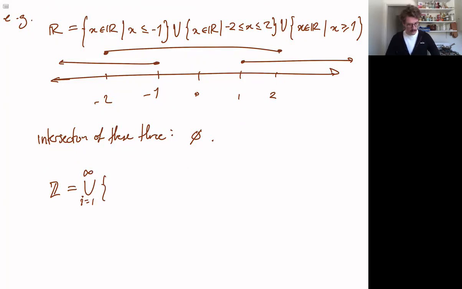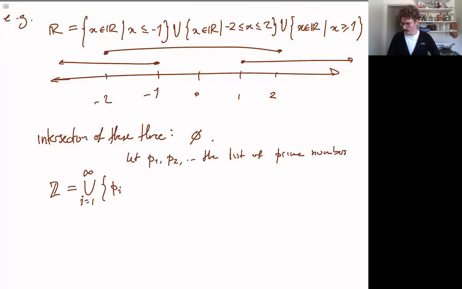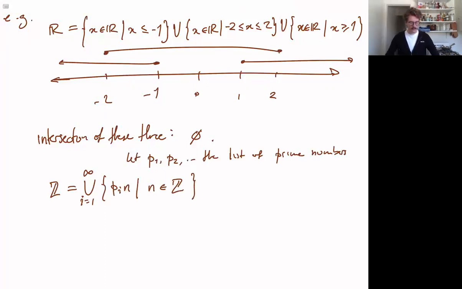So if I list P1, P2, the list of prime numbers, and I take the union, for each i I take the set of integer multiples of Pi, then I'm saying that I can make all the integers this way.